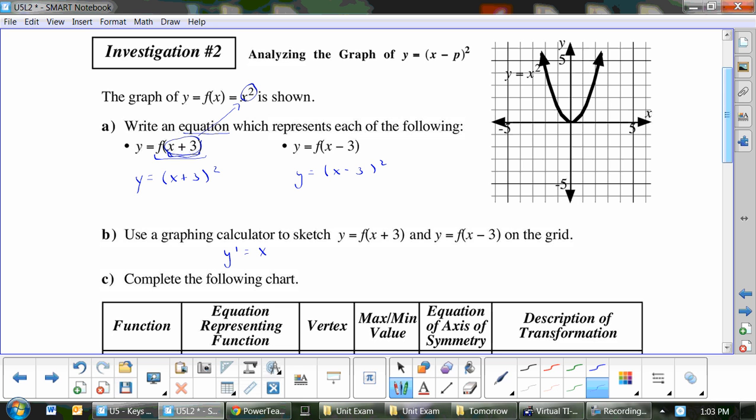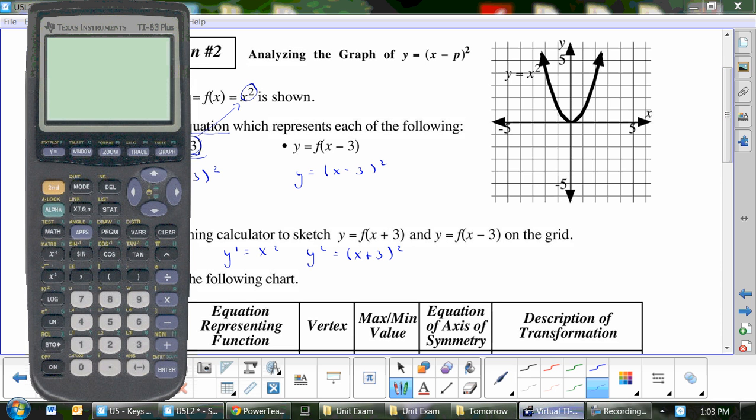So we're going to do something similar to last time. In y1, I want x squared, and in y2, I want (x plus 3) squared. Yep, Aaron? Just because that's the example I'm doing. You can do the negative one if you want. It's just an example for your notes.